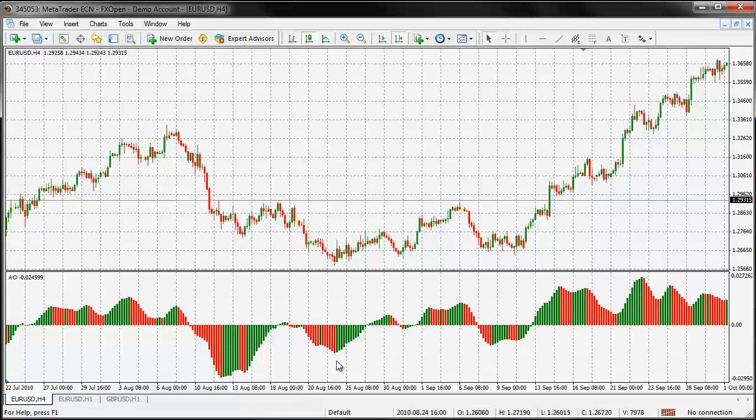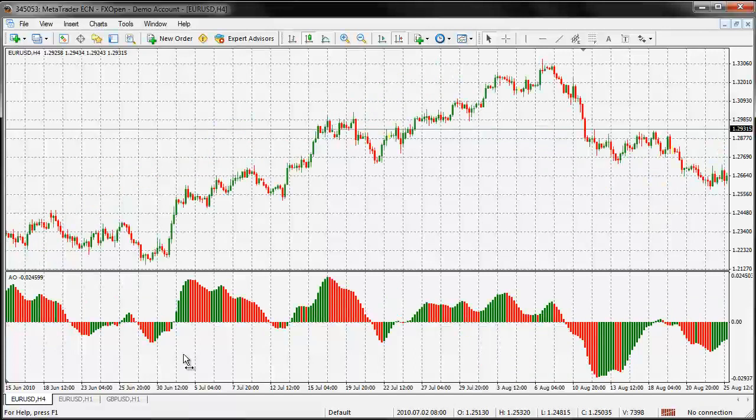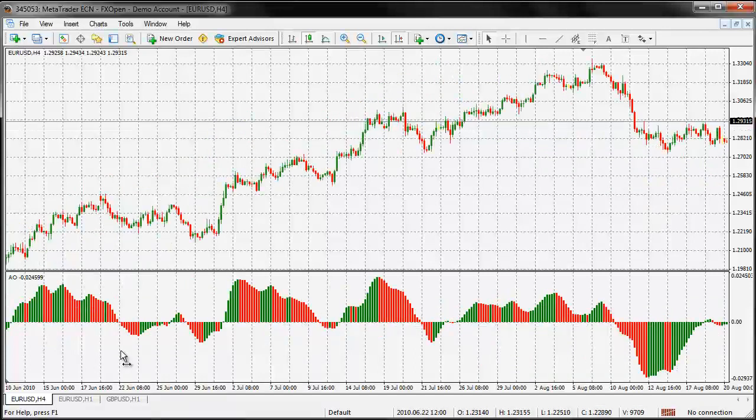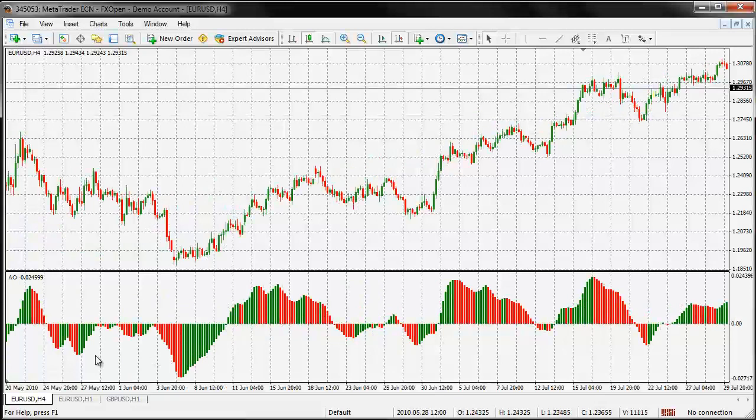No, that's not one. I'm looking for a different set. Yeah, they're very hard to find, so I can't really find a short one. Here we go. Here's one. This took a while to find.